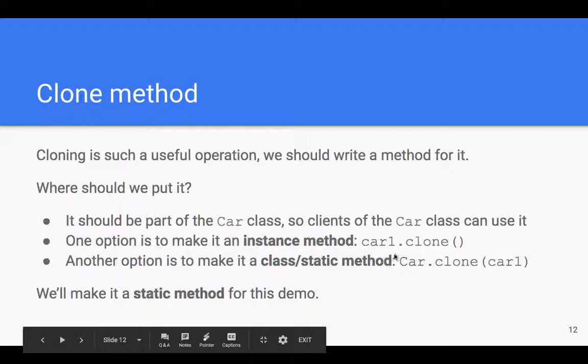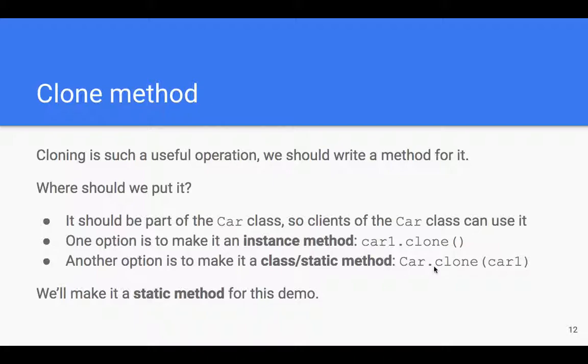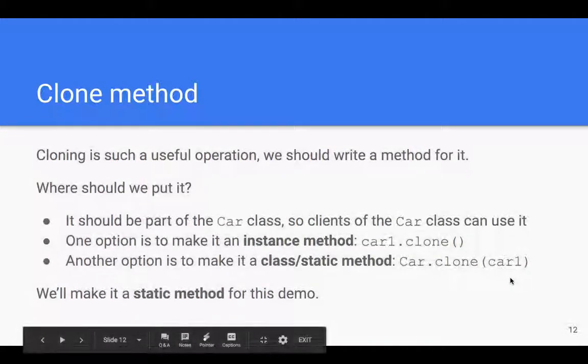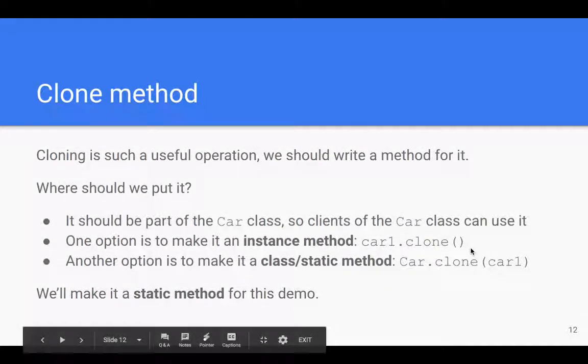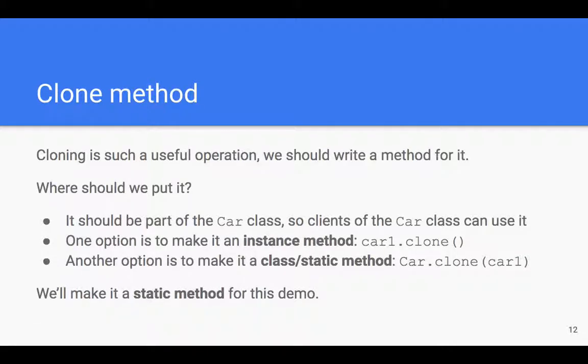We start with the class, say car.clone, and give it the original car that we want to clone from, and this method returns a new instance that looks exactly like the original. Either one will work, but for the demonstration here, we'll go with writing a static method.